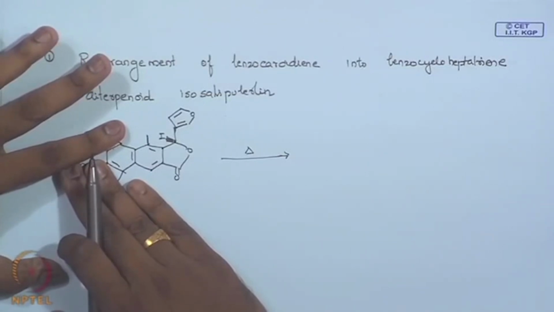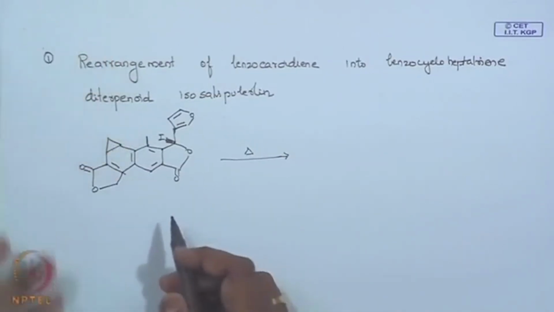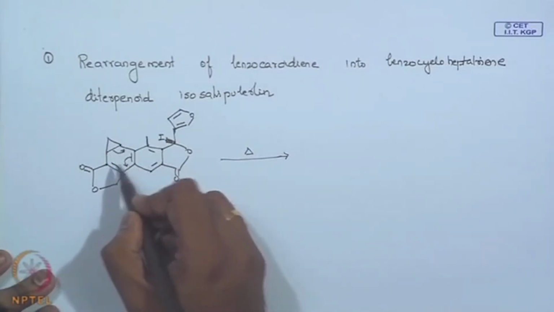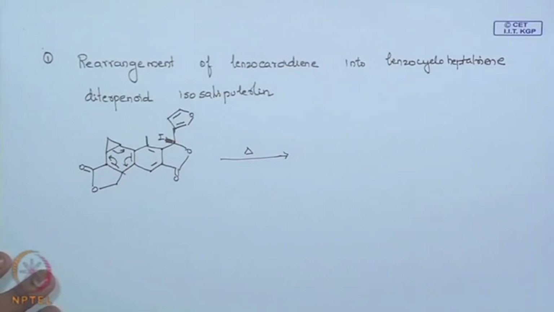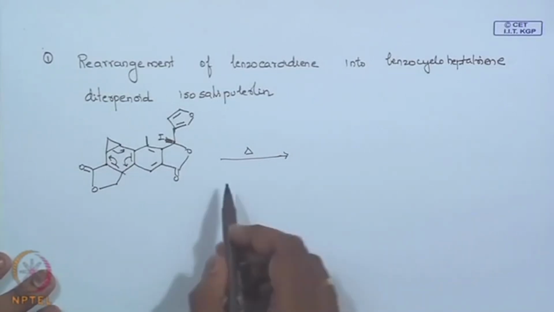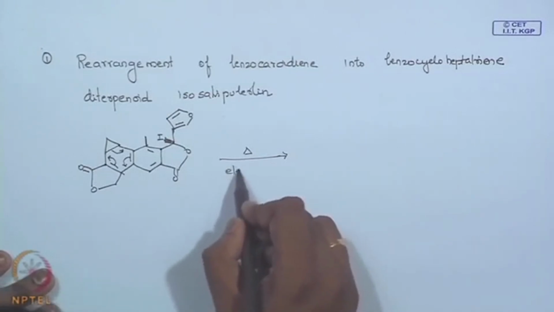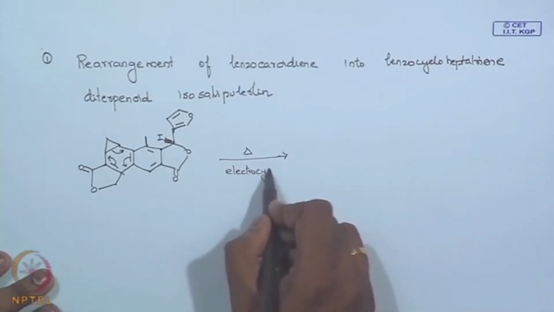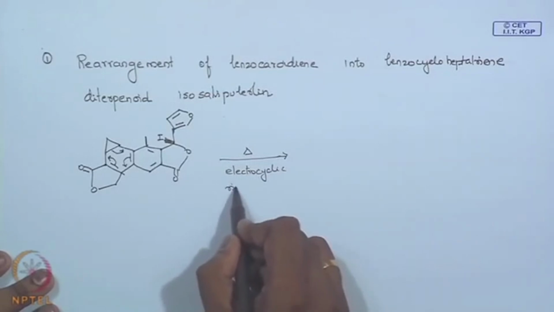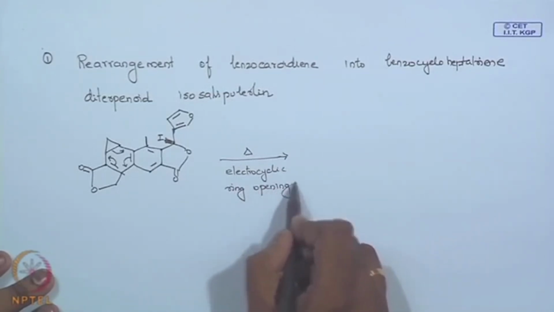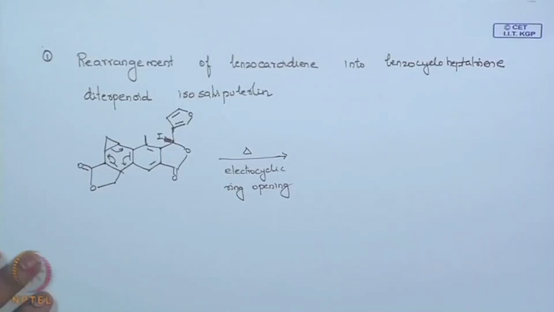Yes, it's an electrocyclic ring opening. I can do a nice electrocyclic ring opening with this compound because it is mostly under strain also, so it opens very nicely. So your first step is electrocyclic ring opening.